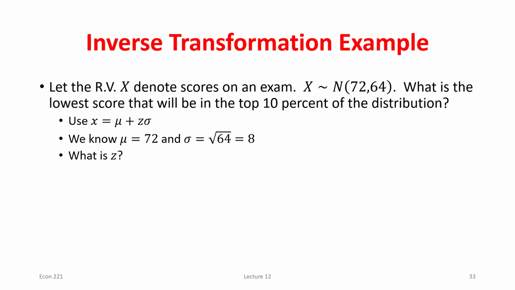So I can use my z-table. The problem is the z-table always gives me the area to the left. So what area do I actually want to the left? 0.9. So I can always work in reverse.